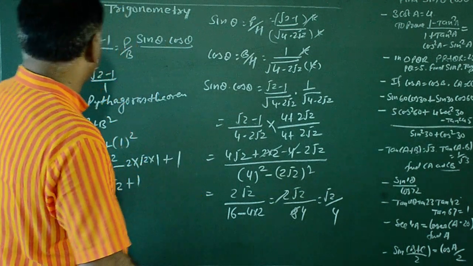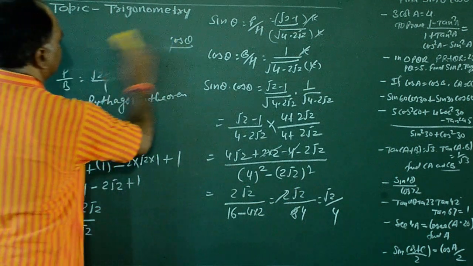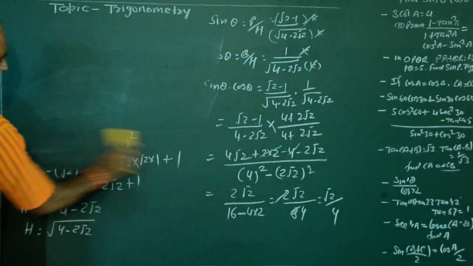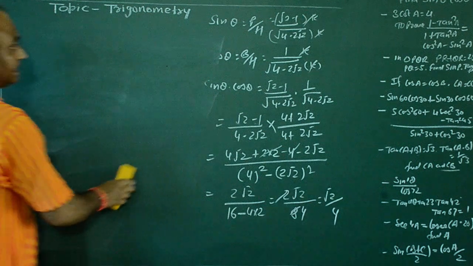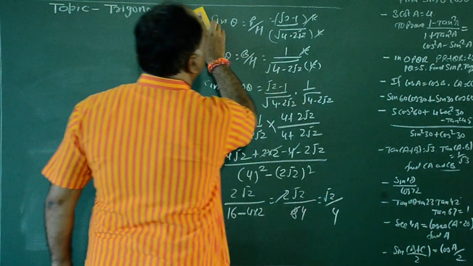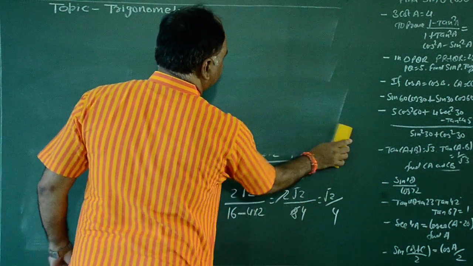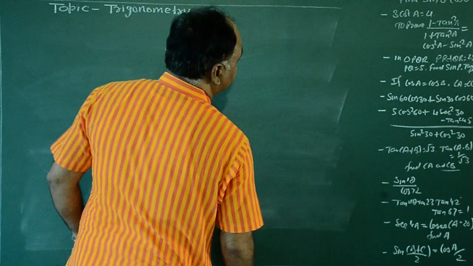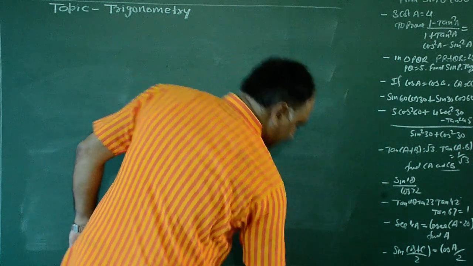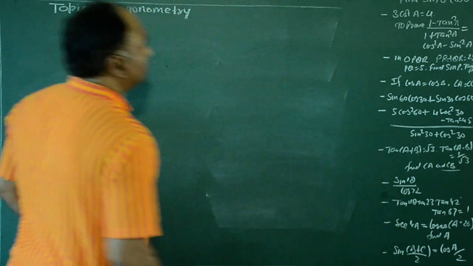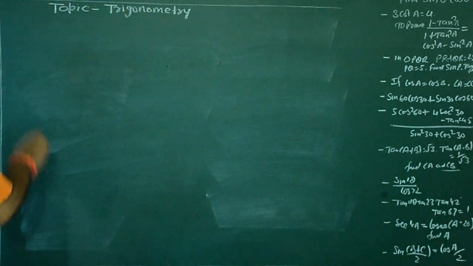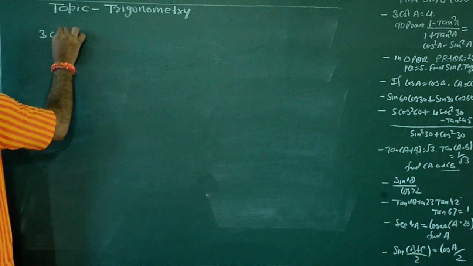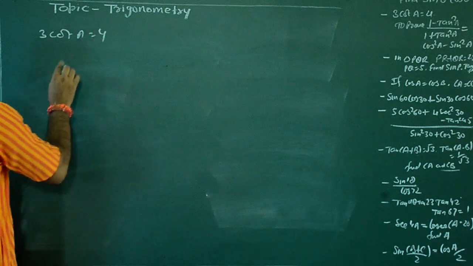Okay, come on. Now next question we will take here, and that is 3 cot a equal to 4, then you have to find the value. Look here, 3 cot a equal to 4.